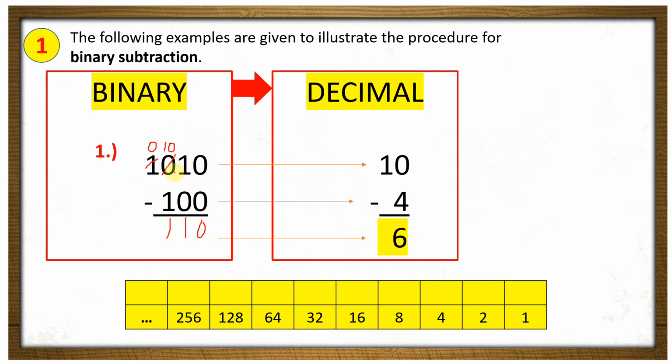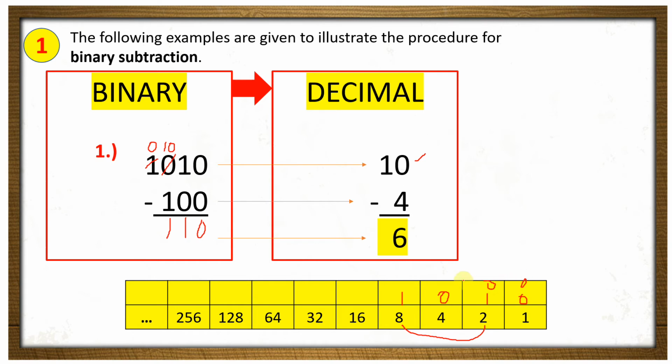Let us write it on the table. Count only the on digits. The on digits are only 8 and 2, meaning the value is 10 in decimal. So this is correct.